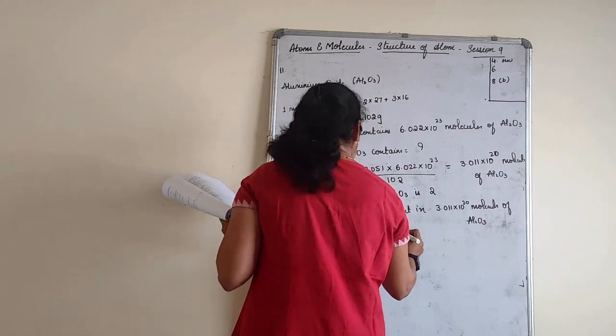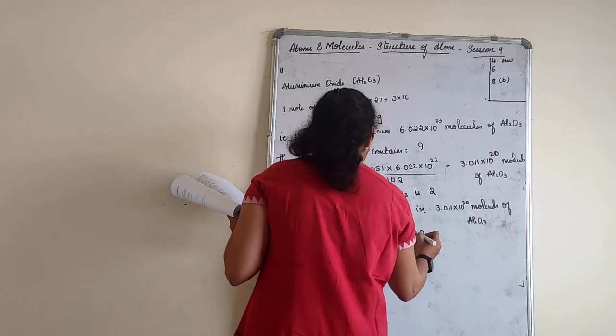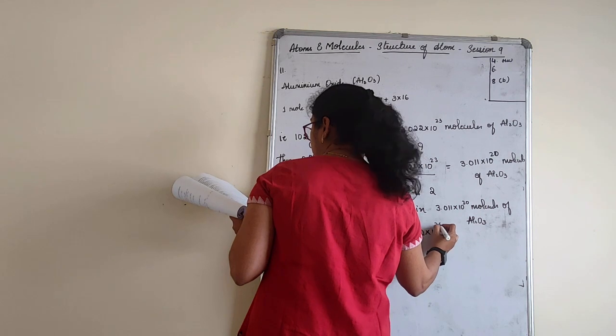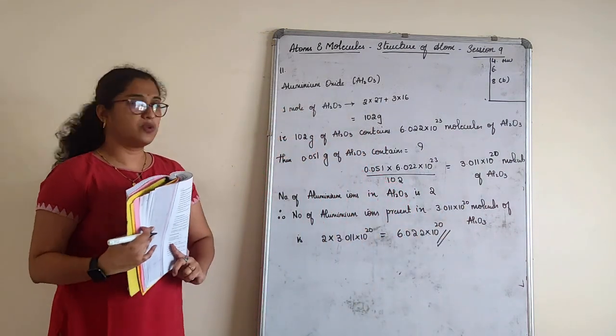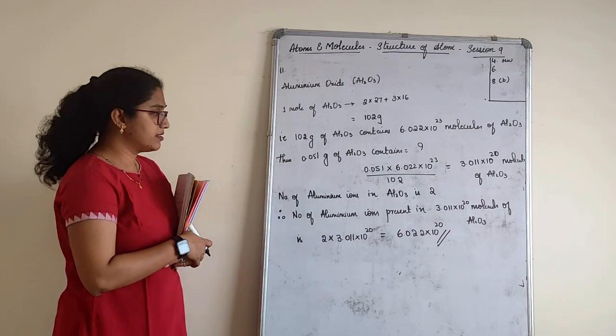So what you get? 6.022 into 10 raised to 20. Simple, as per the question, we have just answered this, right?